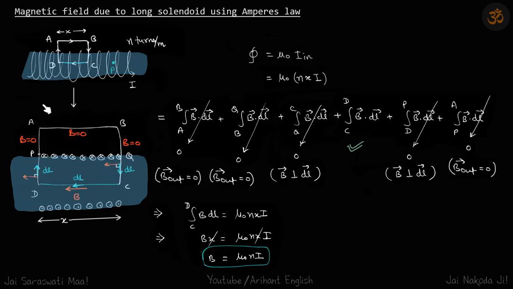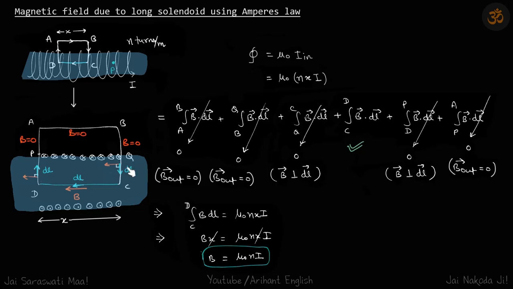Now outside a tightly wound solenoid, B is 0. So on these three paths, PA, AB, and BQ, it will become 0 anyway because B outside is 0. For QC and DP, the magnetic field is perpendicular to dl, so B dot dl becomes 0.